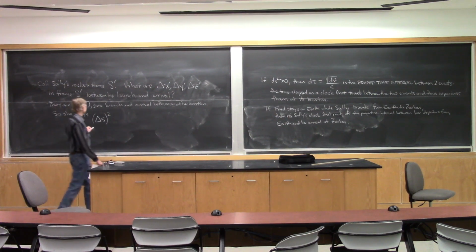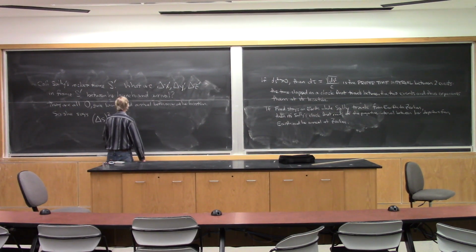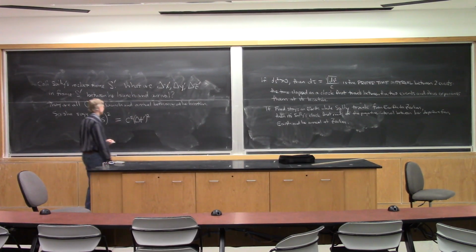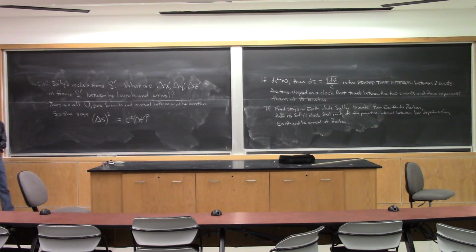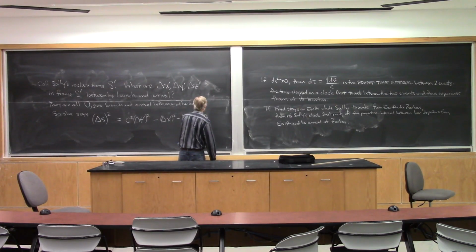So she says that delta s squared, in anybody's coordinates, has the form c squared times the time difference squared minus the spatial differences squared. But she's at rest in the prime frame, so she says it's c squared delta t prime squared minus delta x prime squared minus delta y prime squared minus delta z prime squared.